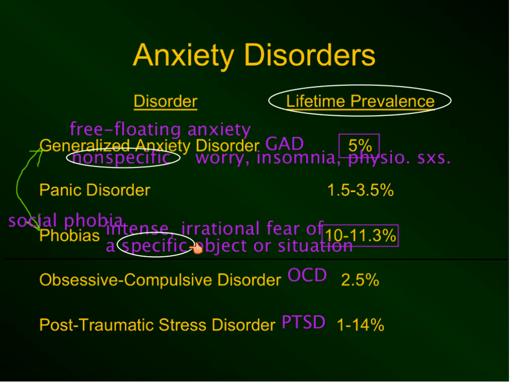It's the specificity that's key. Your fear could be just about needles, right? Getting a flu shot or getting an injection to numb your mouth at the dentist. You have a really strong fear about that. That's a phobia, and it's really different from GAD up above. Does that make sense, the difference between those two?